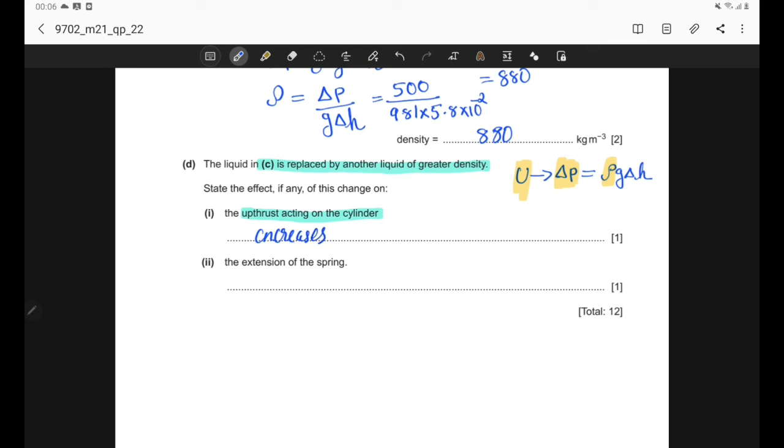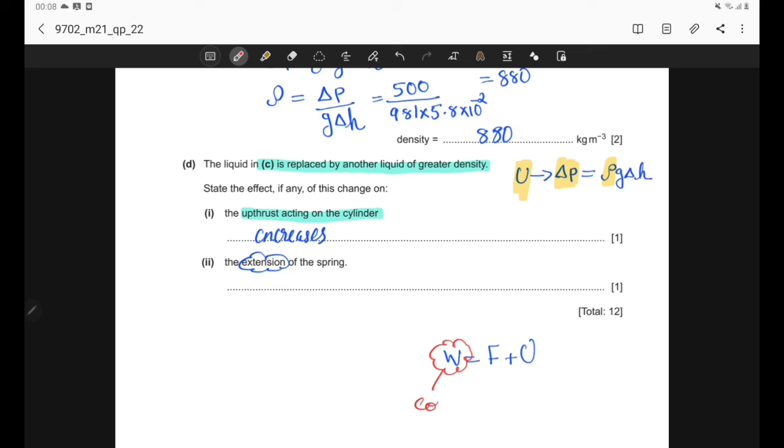Part 2. The extension of the spring. To check about the extension of a spring, we can look at the equation at equilibrium, as total upward forces equal downward force. Weight must be equal to the force on the spring plus upthrust. When density increases or decreases, or when it stays the same, the weight will always be constant.